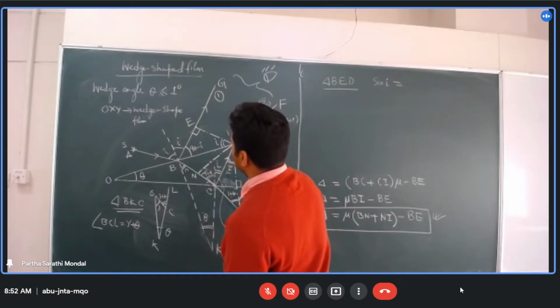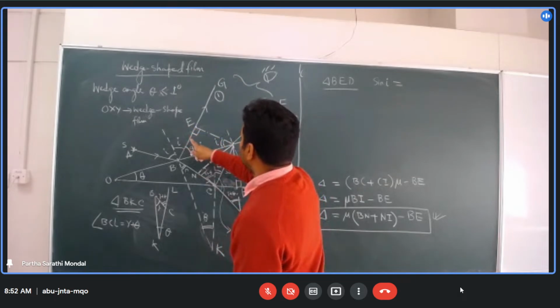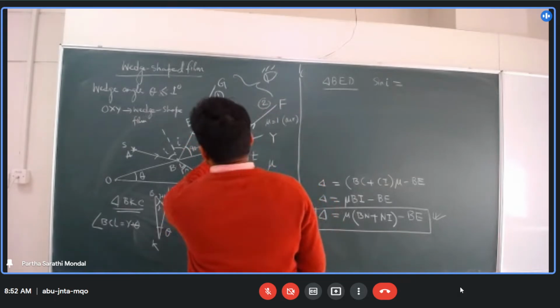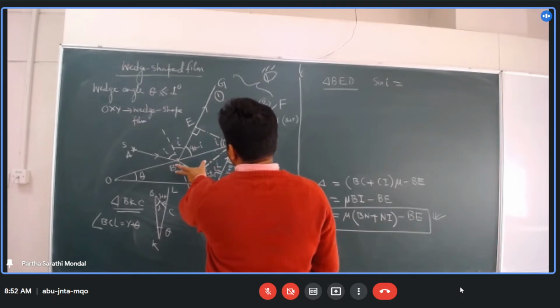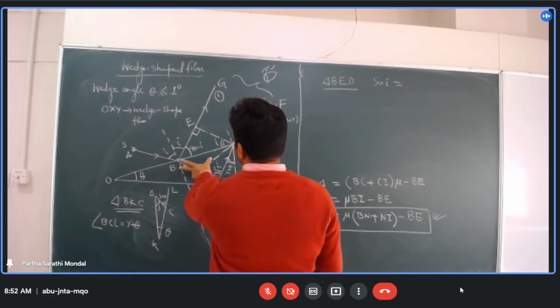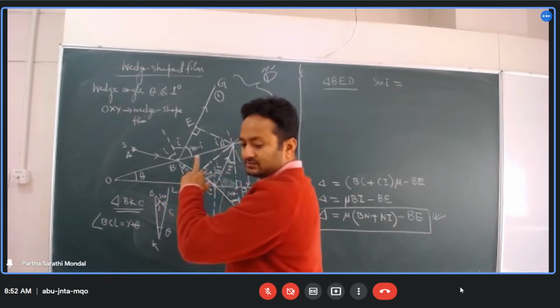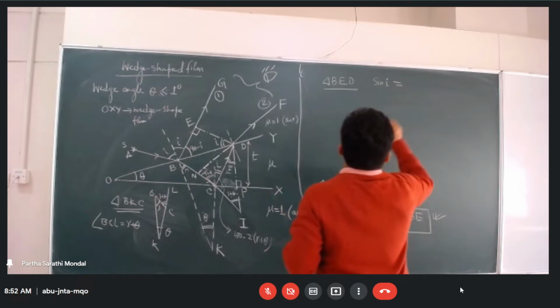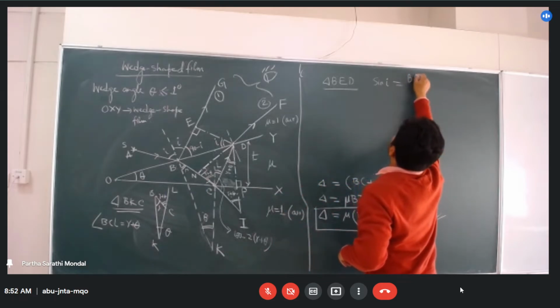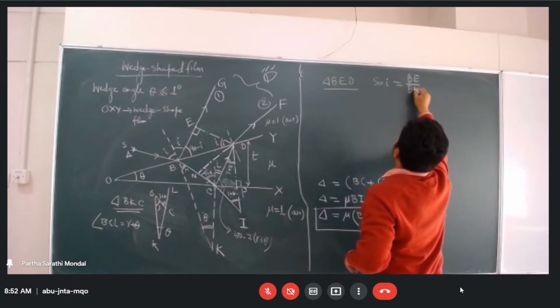Sin i will be how much? BE is the side opposite the angle, so BE by the hypotenuse. What will that be? Sir, BE by BD. Yes, BE by BD.